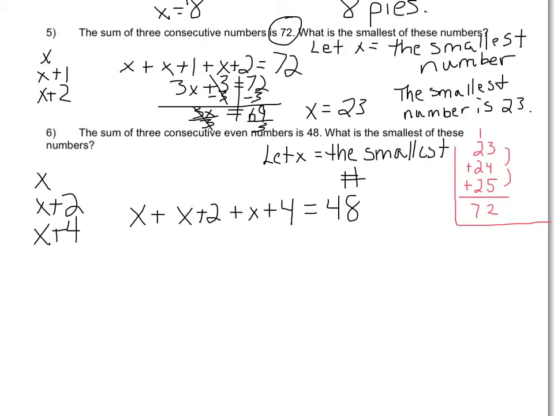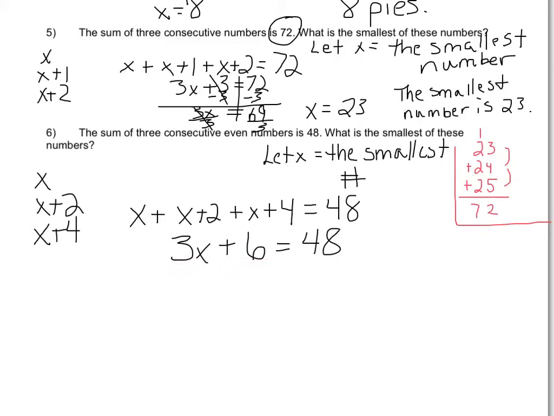We combine, we have 1, 2, 3 x's plus we have 2 plus 4 equals 6 equals 48. There's our equation. Okay. Again, we're not going to deal with what's attached to the x first. We're going to deal with the term that's off of the x.